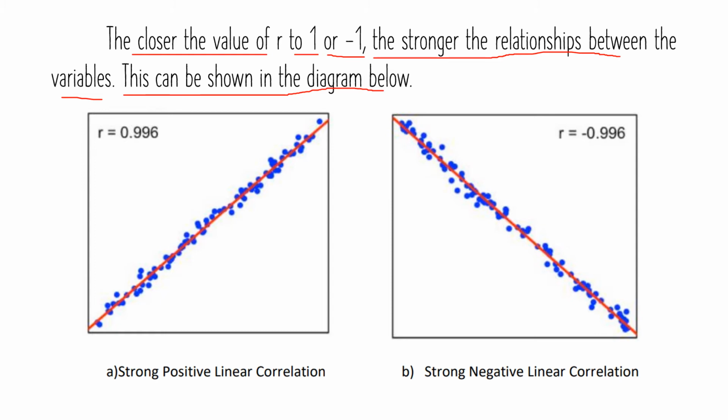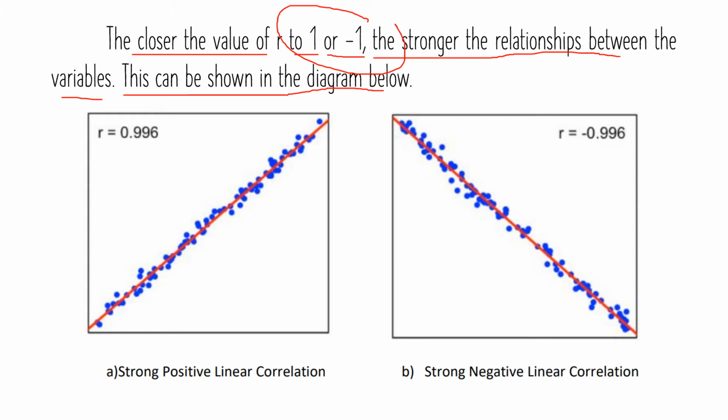As you can see in these values, there's a positive or negative 1 here. The positive and negative sign will represent the direction of your line.